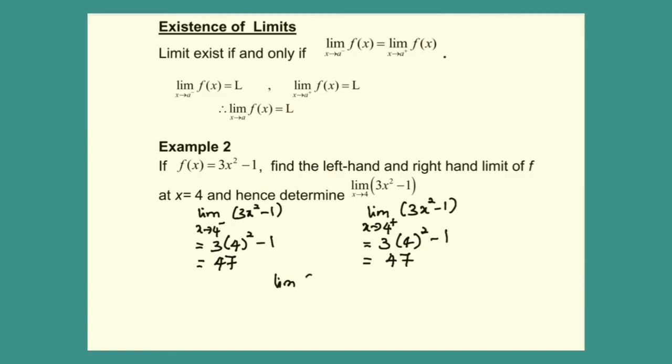Okay, limit f(x) as x approaches 4 from the left is equal to limit f(x) as x approaches 4 from the right. Therefore, limit f(x) as x approaches 4 equal to 47.